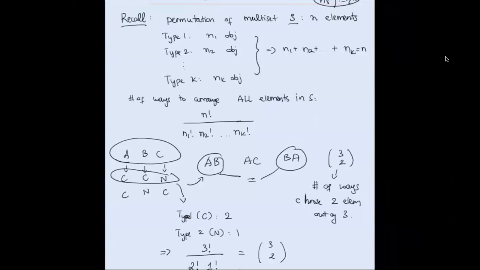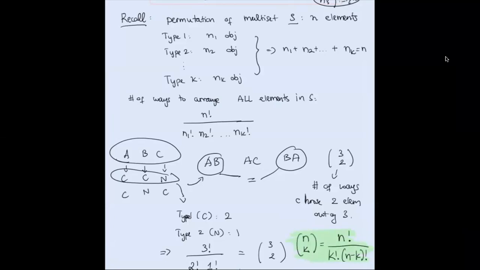This is why you have the formula for the combination of N choose K. In general, N choose K is equal to N factorial divided by K factorial times N minus K factorial. This is because you can think of the process of choosing as assigning labels: chosen and not chosen.